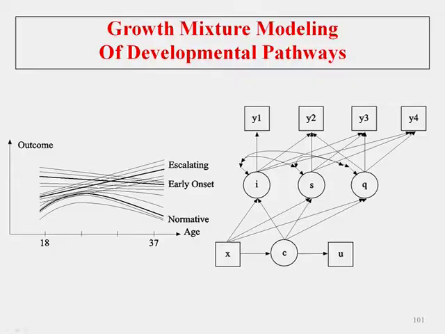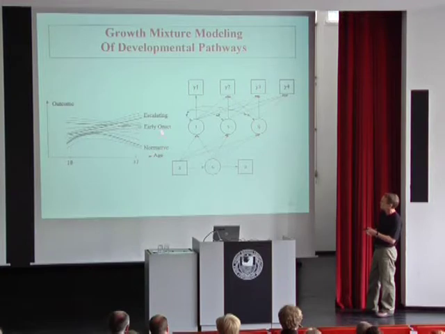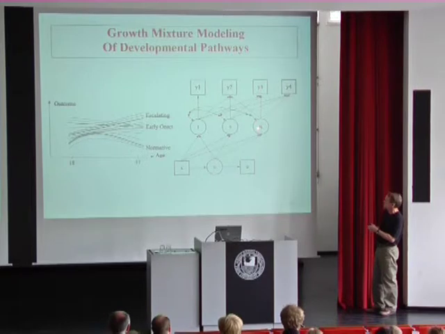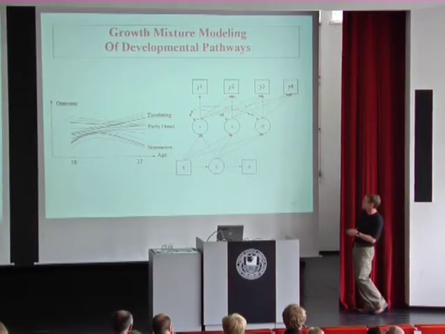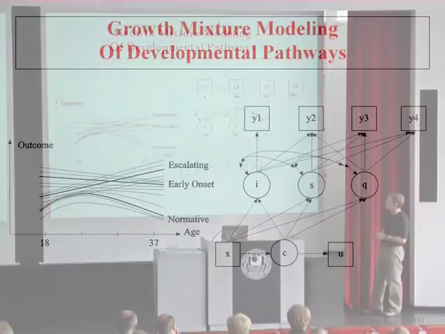If you want to predict a distal outcome from the development over time of this y variable, it is much better to predict from C than from I, S, and Q, because I, S, and Q interact in very complex ways to influence U, and those interactions correspond to the growth shapes that we have here, and it's the growth shapes that are captured by C, and it's easier then to predict the distal from C than from I, S, and Q.